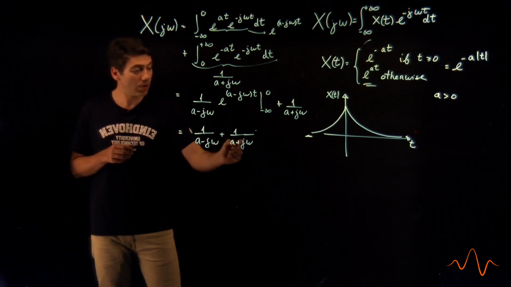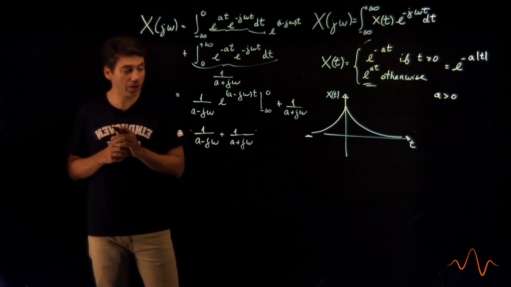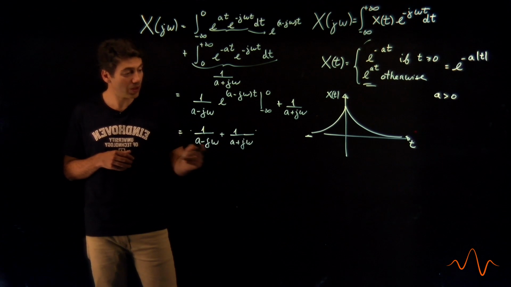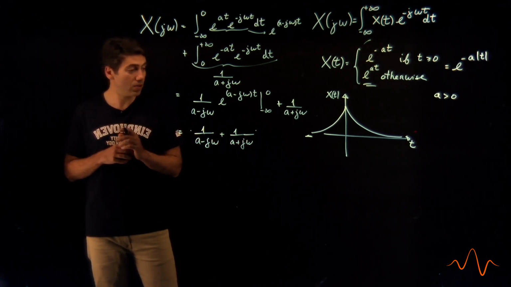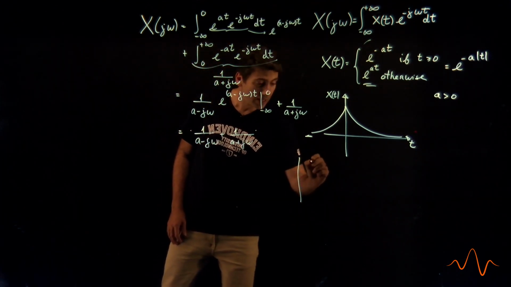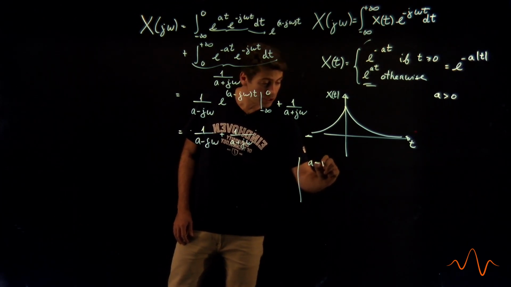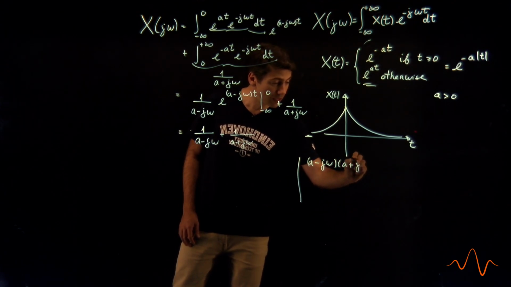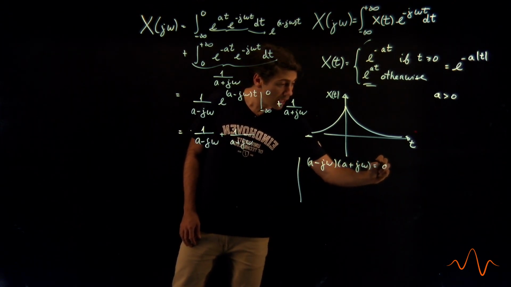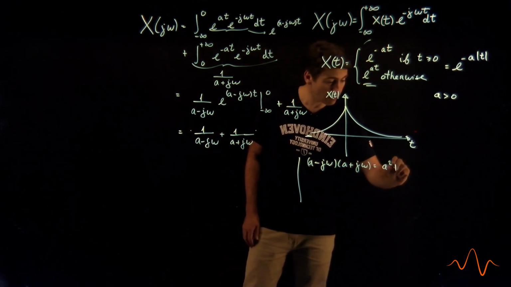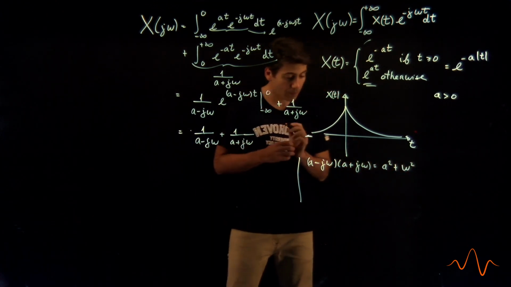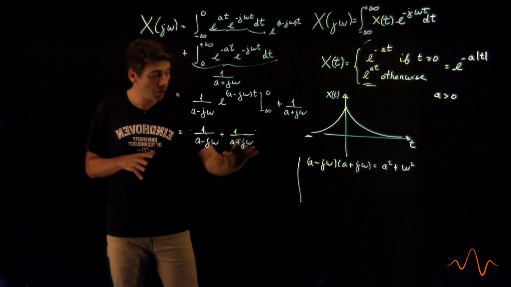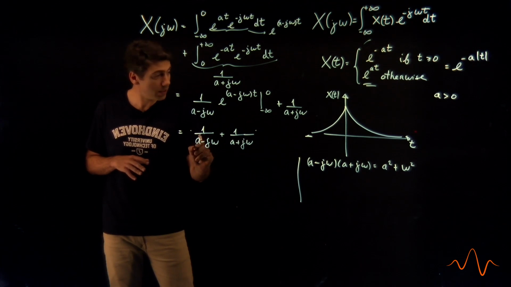Basically it's the complex conjugate of the denominator, so that we get a real number in the denominator, and that's because we have this property that a minus j omega times its conjugate will always give us something real, and in this case it's a square plus omega square.